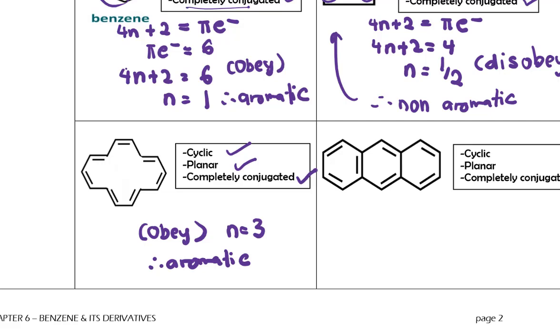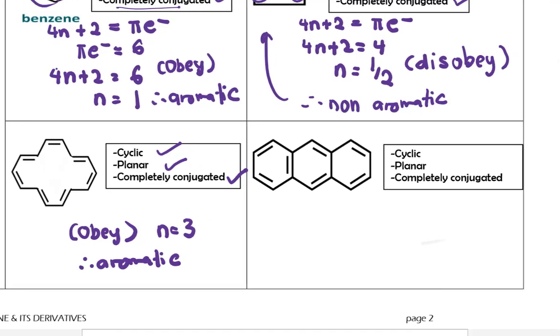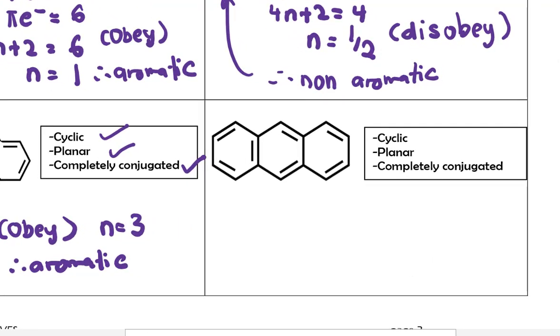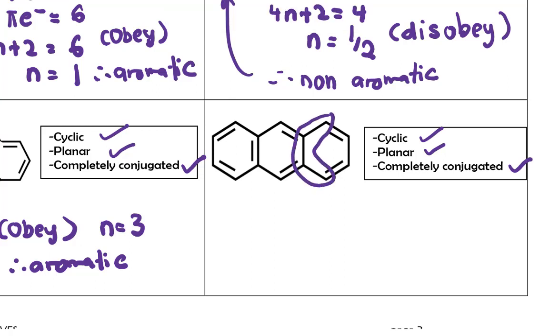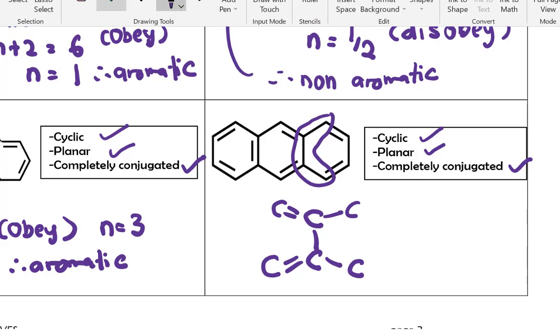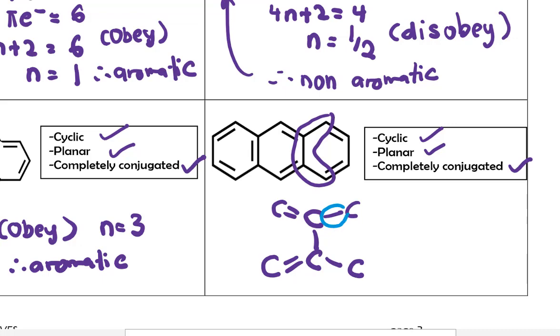The last one. This one is cyclic, planar, and completely conjugated. It is not single, single, single. Why? Because if you look here, it is double, single, double. This single bond consists of this carbon and this carbon, and next to this single bond is this carbon.